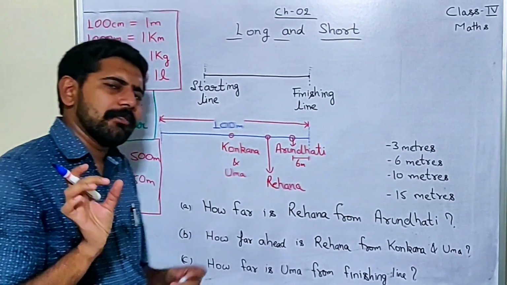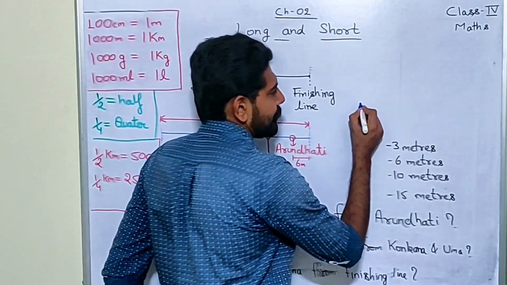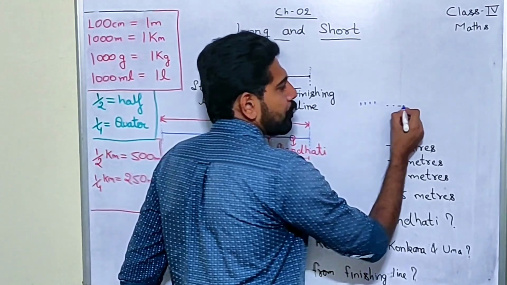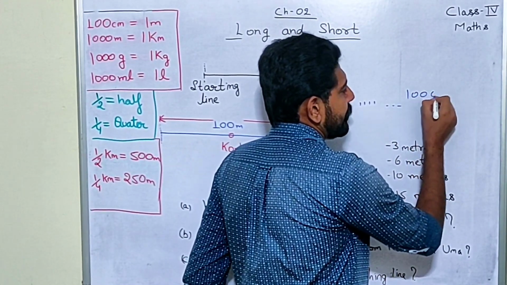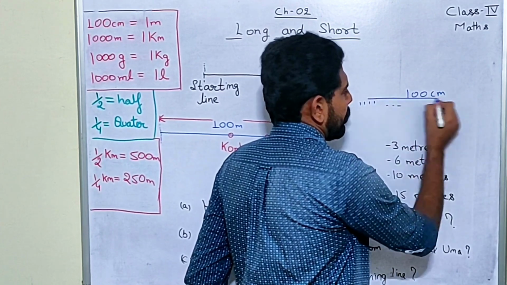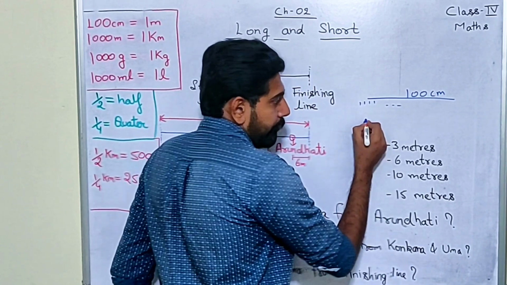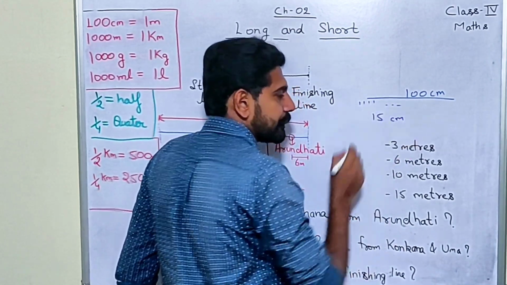Students, you have used centimeters carefully, like this. This is 1 centimeter, then 2, then 3, and so on. If we join these 100 centimeters, how can we join? Look, when you are using the scale, you can find that there are 15 centimeters.